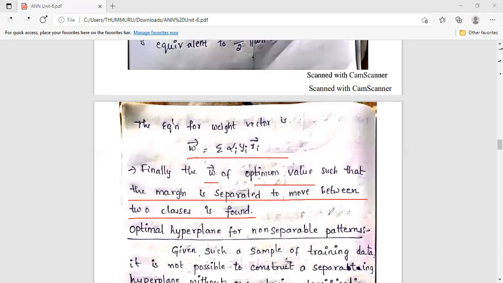The value for the width is 2 by the norm of the weight vector, and the weight vector is represented using this formula. By this we can draw a margin between two classes, which gives the optimal hyperplane between the two classes. This is about SVM, support vector machine. Thank you.